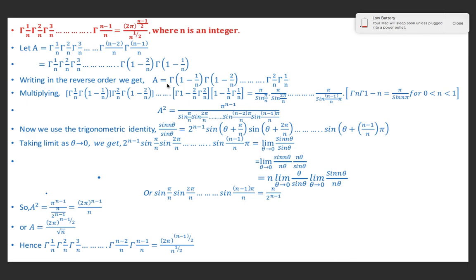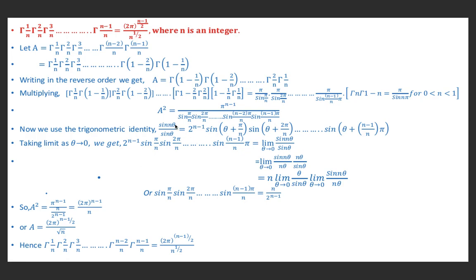So if we multiply π, n − 1 times, because these are n − 1 terms, we may write π raised to n − 1 in the numerator, and in the denominator sin(π/n) sin(2π/n) ... sin((n − 2)π/n) sin((n − 1)π/n).